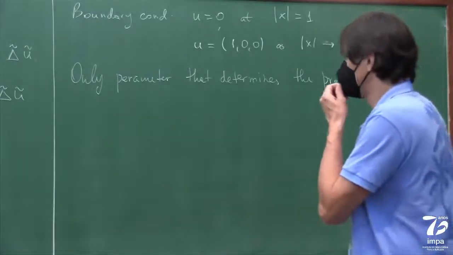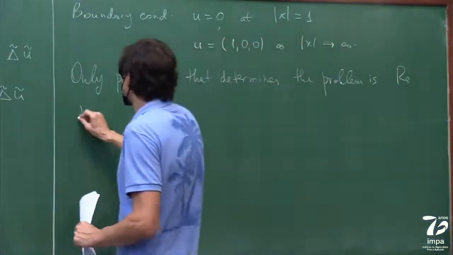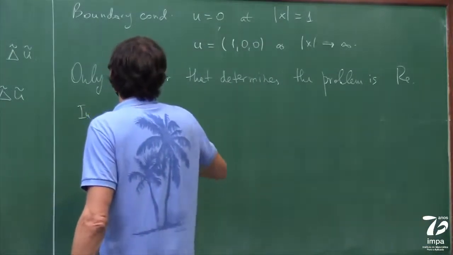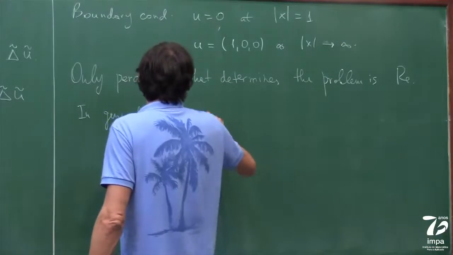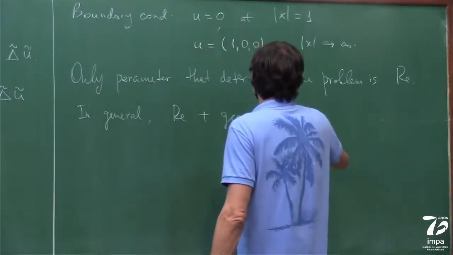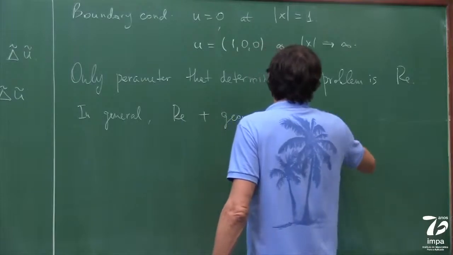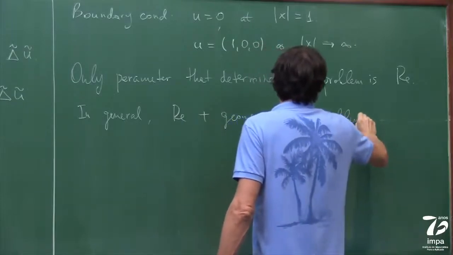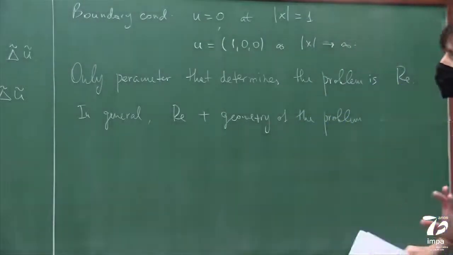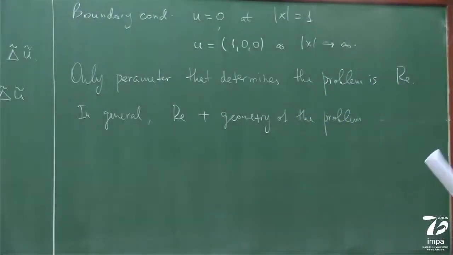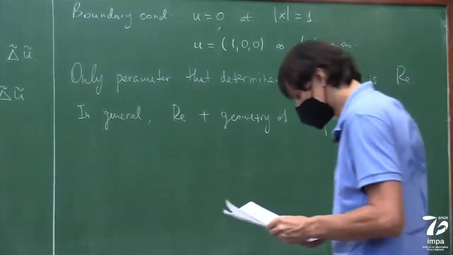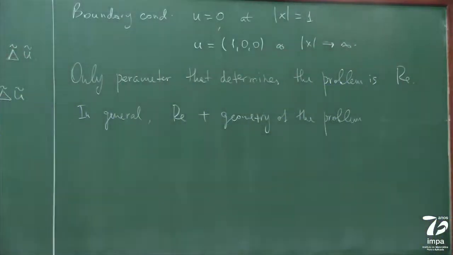So in general, it's the Reynolds number plus the geometry of the problem. If you fix the geometry, like in our case the cylinder, everything else is defined by the Reynolds number. Just one parameter, and everything is determined by this number.